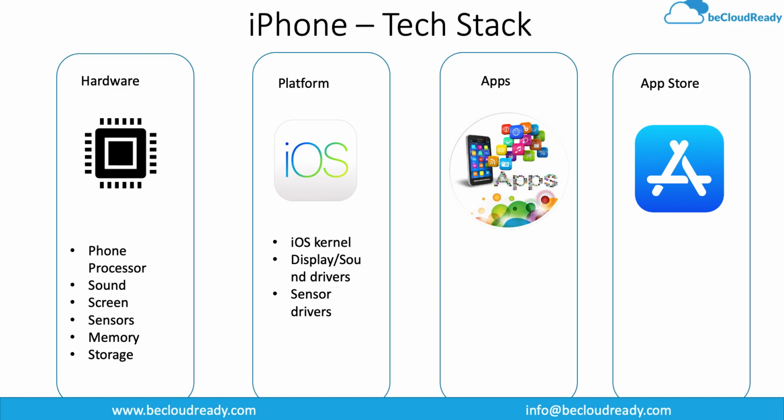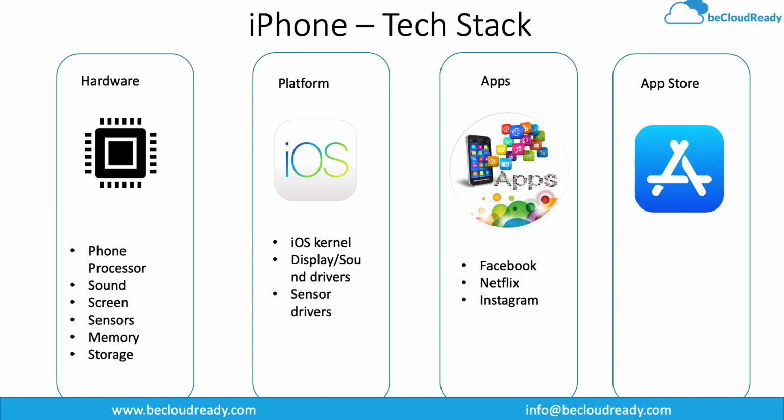So the phone has a processor and a bunch of hardware, and you need a special kind of software which controls it. Because imagine you have an iPhone which doesn't start, which doesn't work. It means it cannot boot the kernel, so it is useless for the end user. To make dead hardware work for the end user, you need a platform which is called the operating system. In the case of the iPhone, it happens to be iOS.